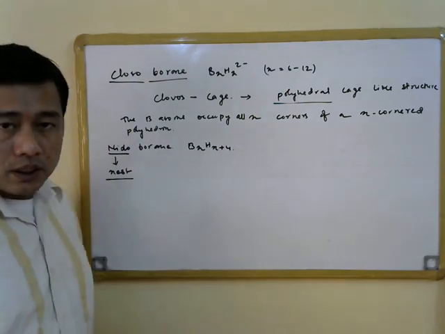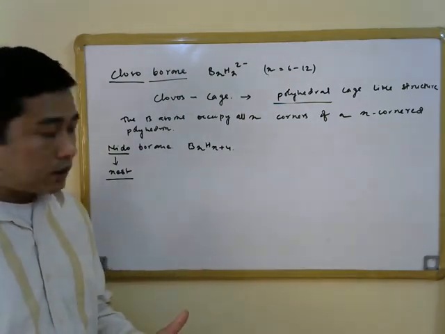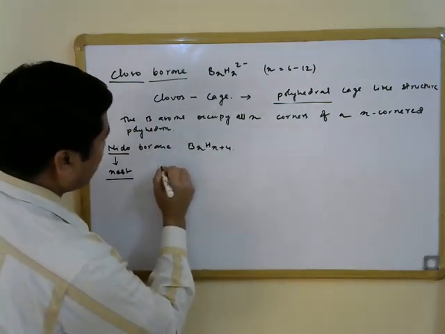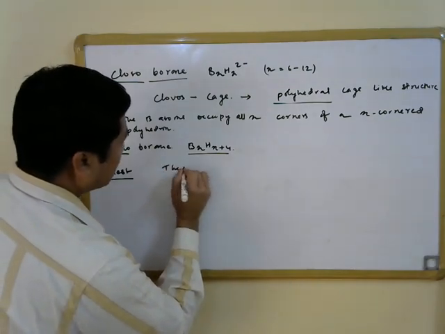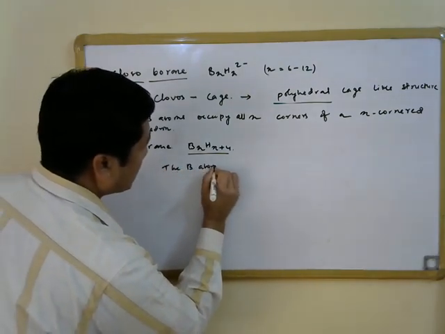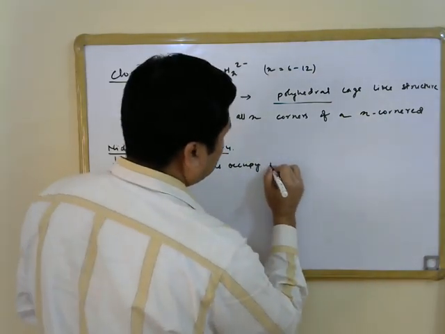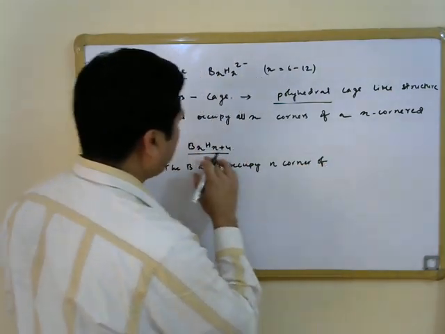So in this case, the structure is an open cage-like, nest-like structure, where there are n boron atoms.